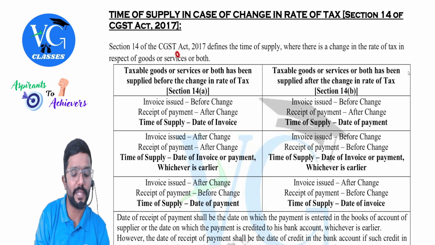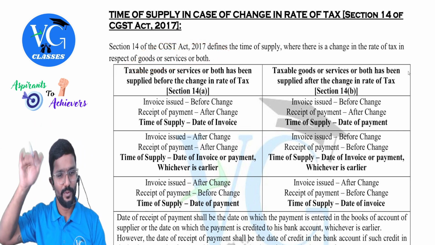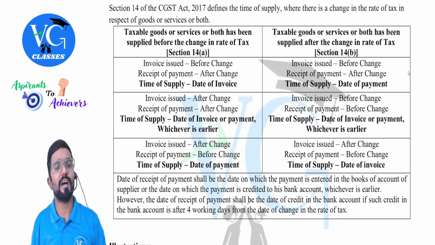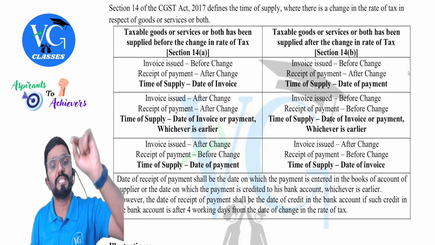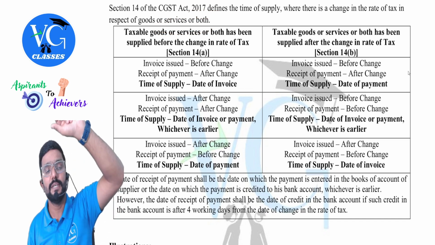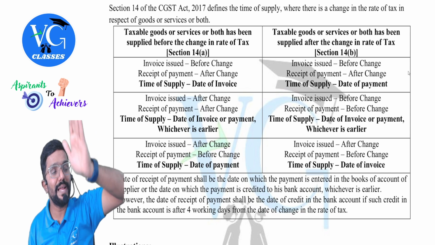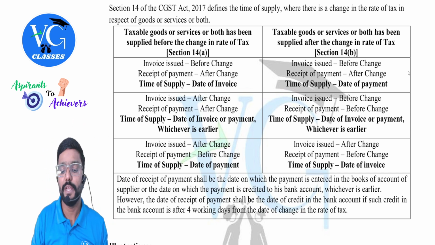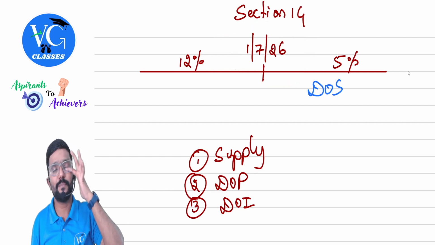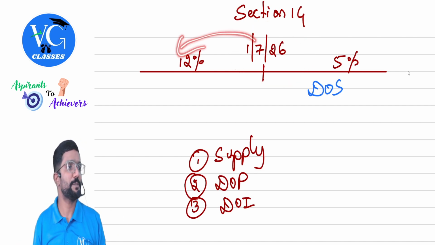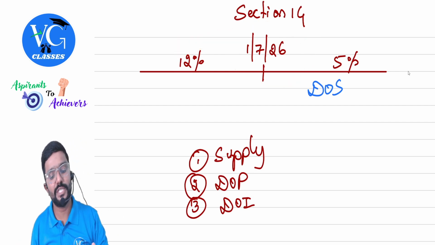Taxable goods or services or both has been supplied before the change in rate of tax. Means, sir, listen, supply happened before the change. In my example, assume the change happened on 1st July. When did supply take place? Before the change.